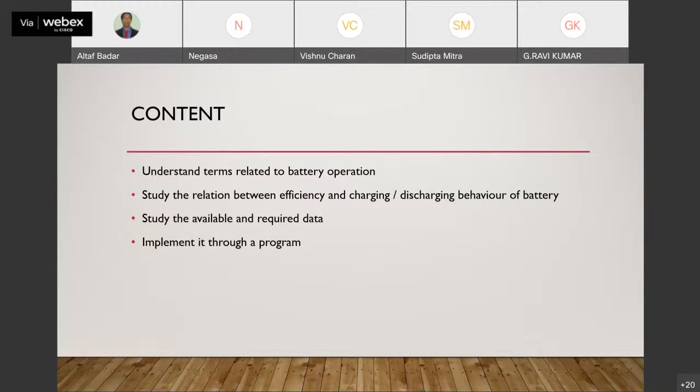In fact, during one of my own research paper analyses, I was using one of the standard IEEE standard systems, but the source that I took was incorrect, and I did not know that I had taken a wrong source. And in that, what happened is that the impedance of one line was interchanged with the other line, and no matter how many times I checked the algorithm and the program, I got the wrong answer all through.